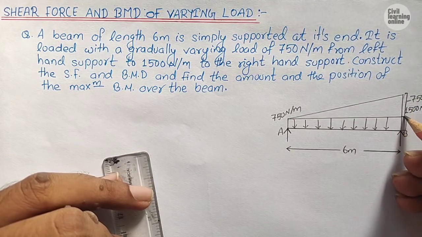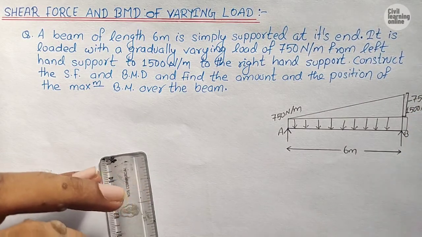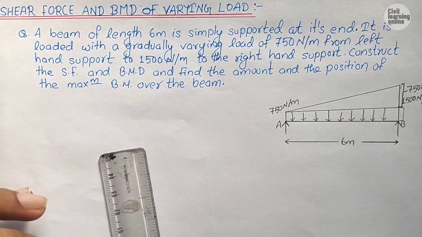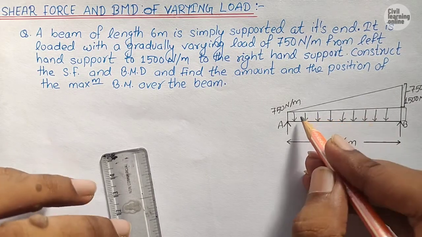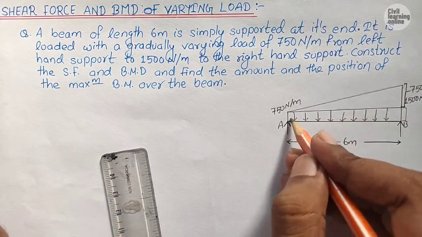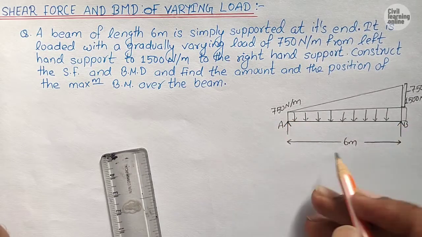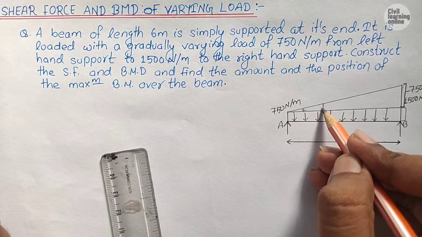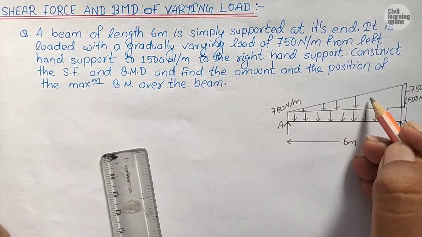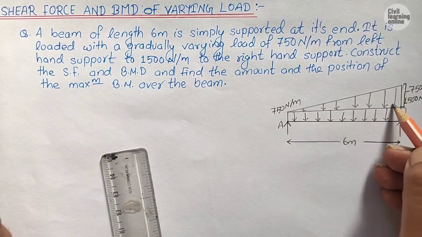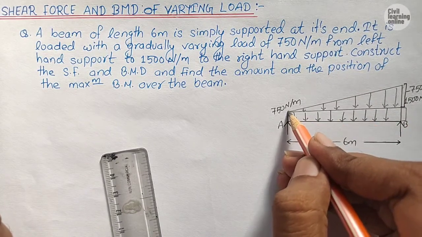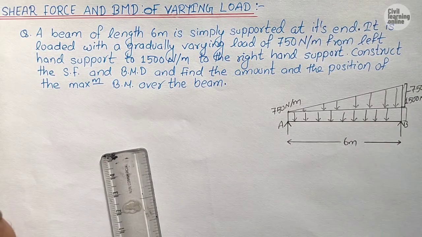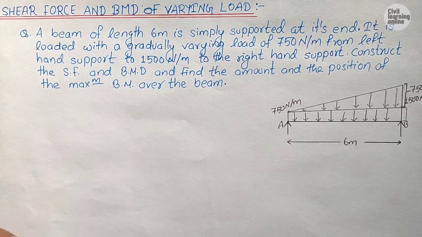So the UDL of 750 Newton per meter is uniformly acting on the beam AB of span 6 meter, and the varying load is this triangular portion, which is 0 at A and 750 Newton per meter at B. Now this was our diagram and the question.